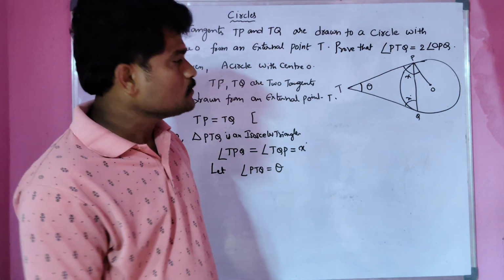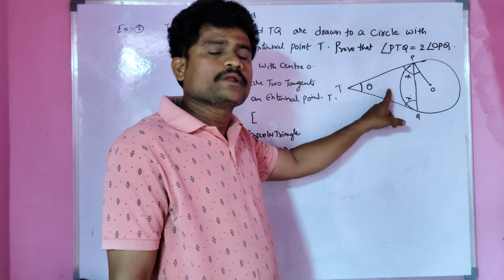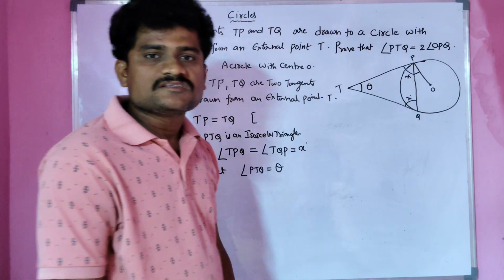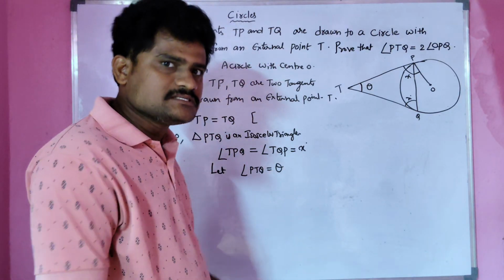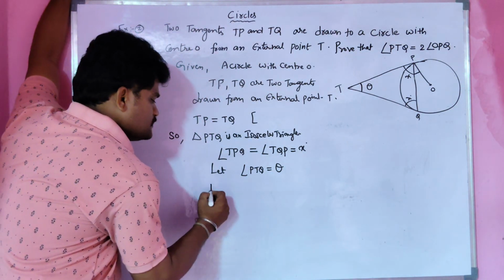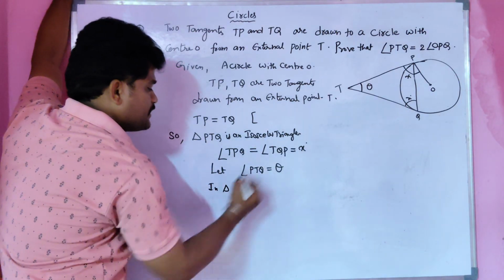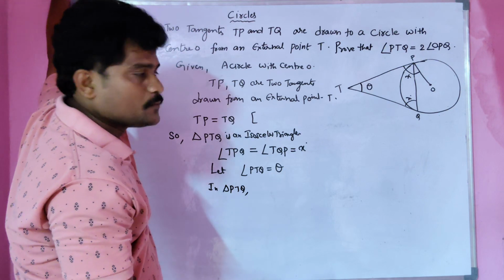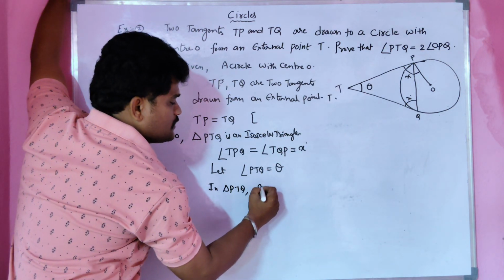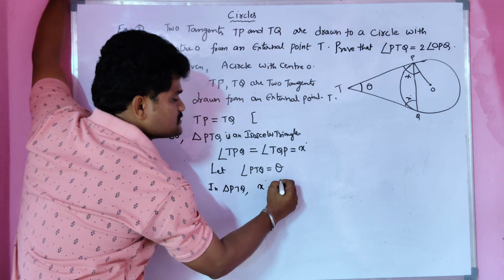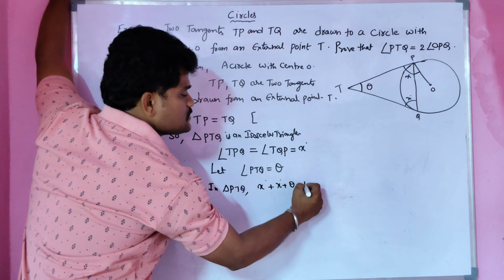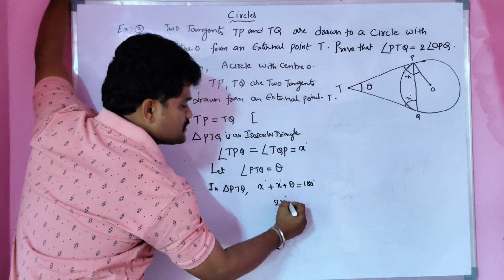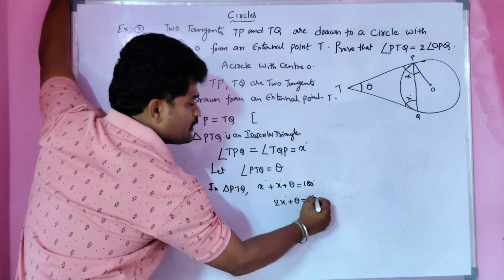Now in the same triangle, I will apply the angle sum property. Sum of angles in a triangle is equal to 180 degrees. So in triangle PTQ, x degrees plus x degrees plus theta is equal to 180 degrees. 2x plus theta is equal to 180 degrees.